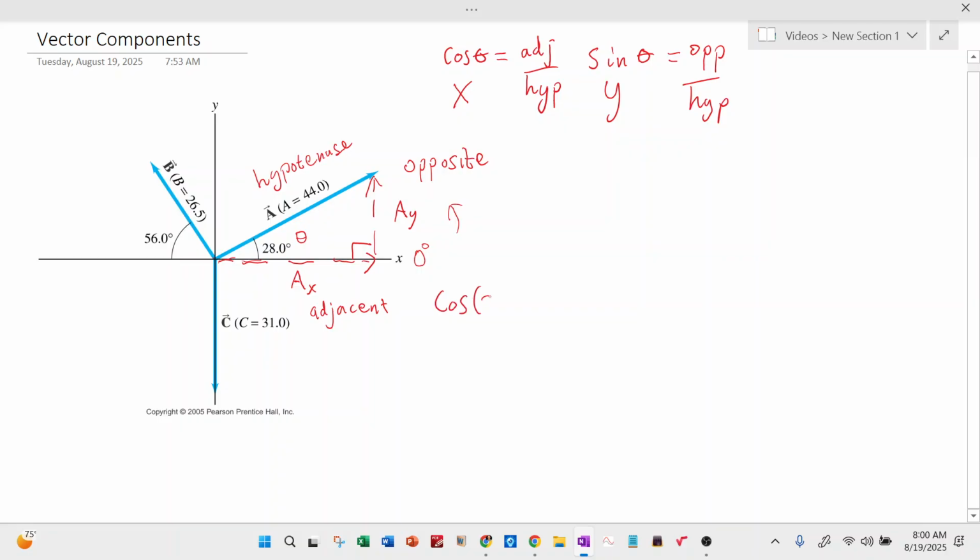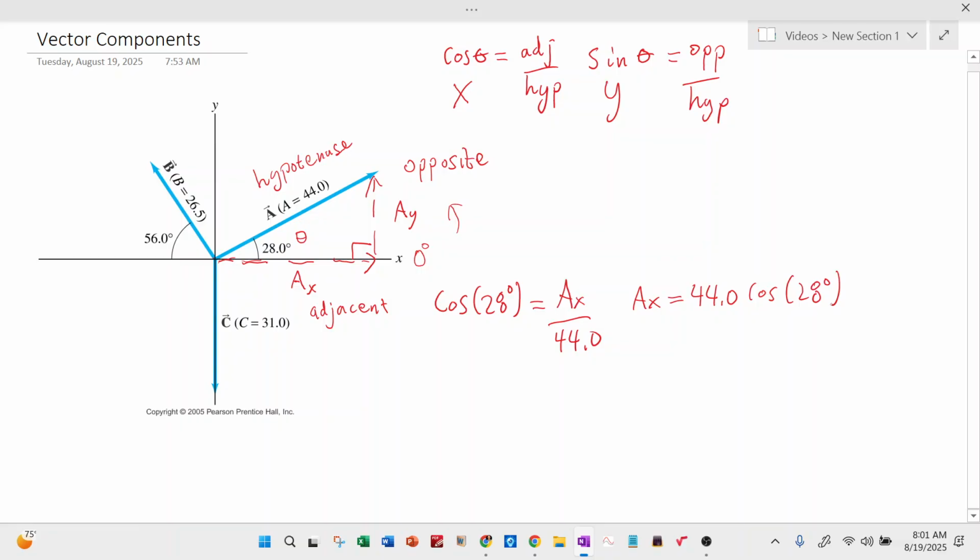Cosine of 28 degrees, make sure your calculator's in degrees while you're doing this, equals AX over 44.0 units, because that's given. So that means that using algebra, AX must equal 44 times the cosine of 28 degrees.